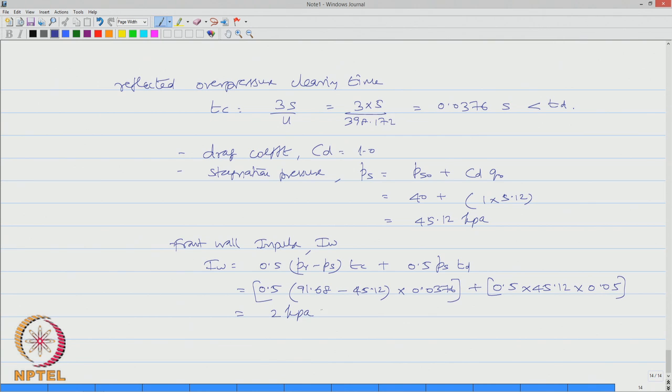2 kilopascal seconds, and the effective duration Te is given by 2 IW by PR. So, in this case it is 2 into 2 by 91.68, which is 0.0436 seconds.